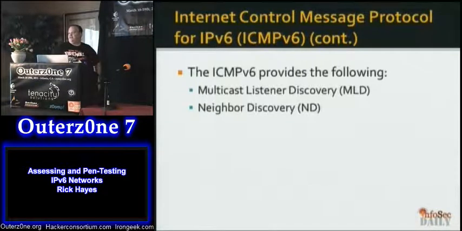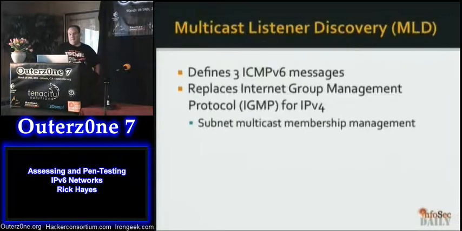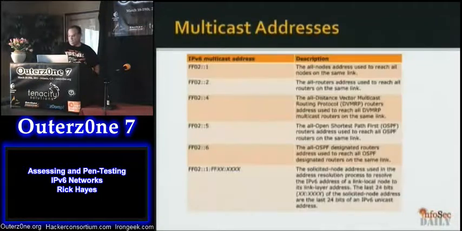Multicast listener discovery becomes important, but neighbor discovery is extremely important because it tells you who your neighbor is, who's on the same wire that I am. What that defines is that I am not crossing a router. Again, it replaces IGMP for those of you that are interested, but it also handles your membership management for the multicast segment that you're going to be on. For those of us that are used to dealing with multicast, nothing's really changed. It's just the addresses have changed.